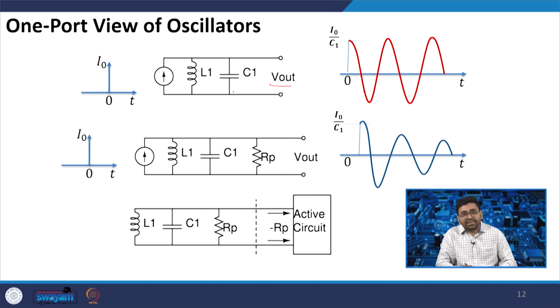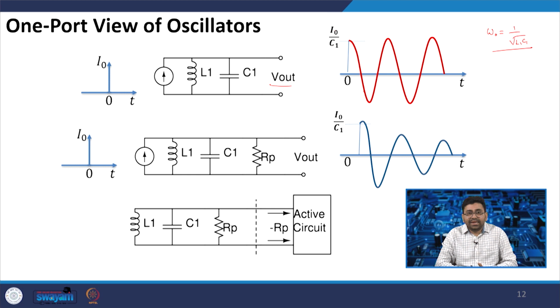So, initially the capacitor will charge, then the inductor will charge, and the capacitor will discharge. So, the charging and discharging of the inductor and capacitor will happen, and if you see the output voltage, it will sustain the oscillation. And what is the oscillation frequency? That we all know: omega naught is equal to 1 by under root L1 into C1. We can get the oscillation frequency by this equation.